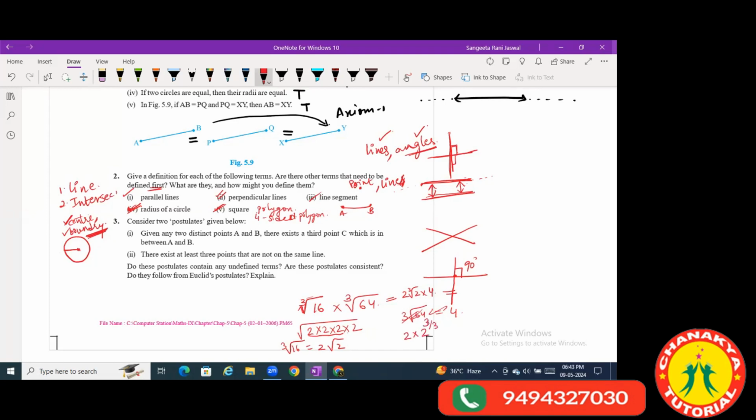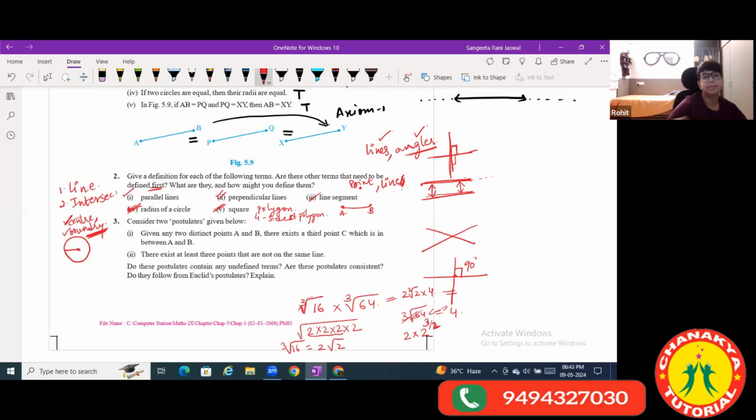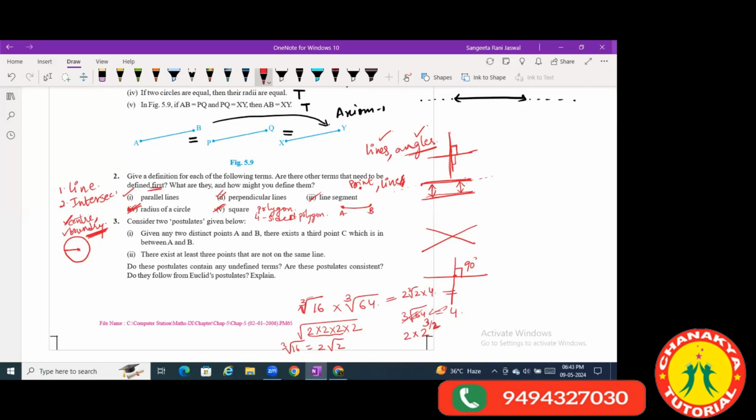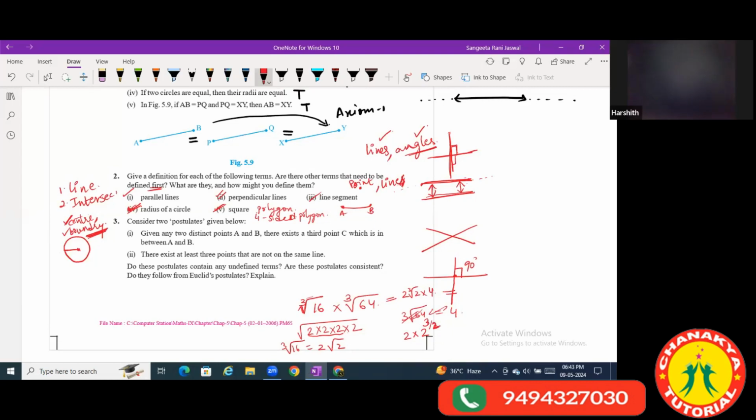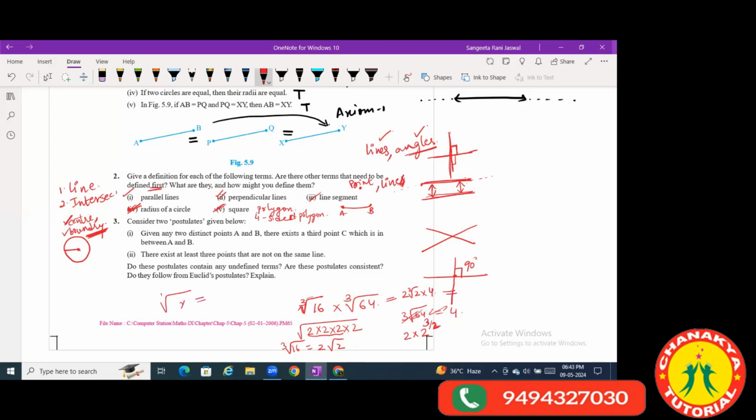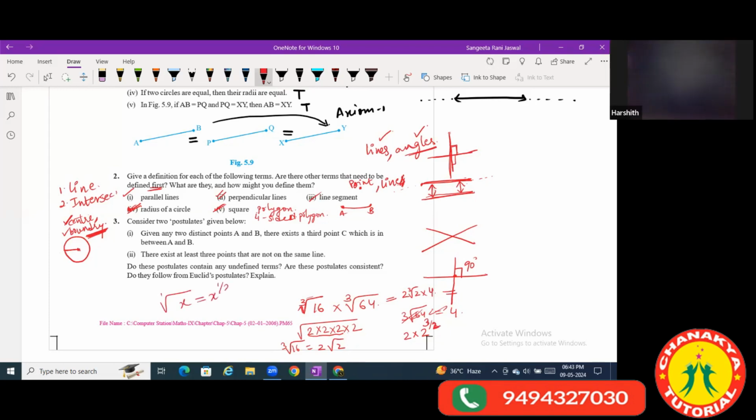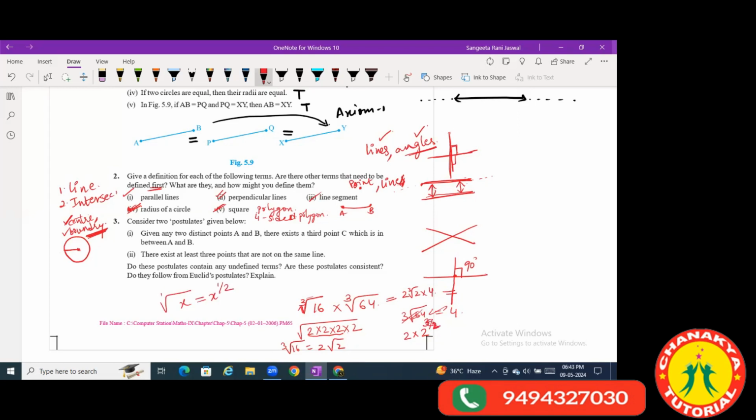No, 3 by 2? We can write it like this. Children, can we write it 2 raised to power 3 by 2? Ma'am, why 3 by 2? When we write square root of x, that means... Ma'am, here it's cube root now. Okay, so let's write 1 by 3.